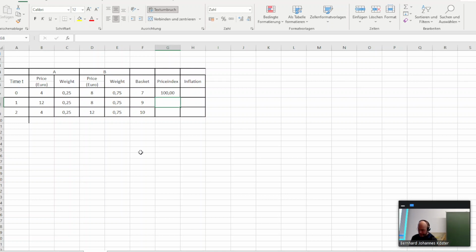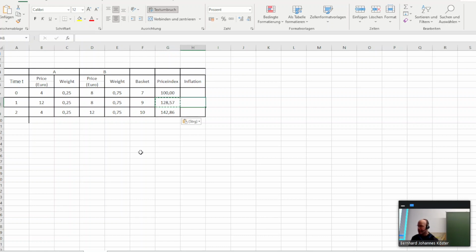So this is nothing else than 9 over 7 times the former index. I can copy this downward, and so I end up with this index.